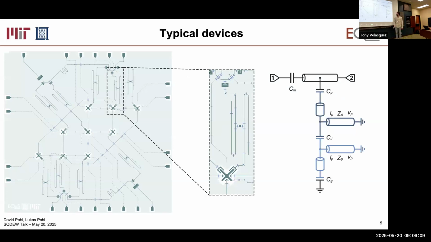This would be one of the readout resonators. Again, you have lots of transmission lines and capacitances. And really what I want to convey to you today is that if we understand really well how to model this using a circuit abstraction like this, then we can design devices. And I want to explain how to do that.